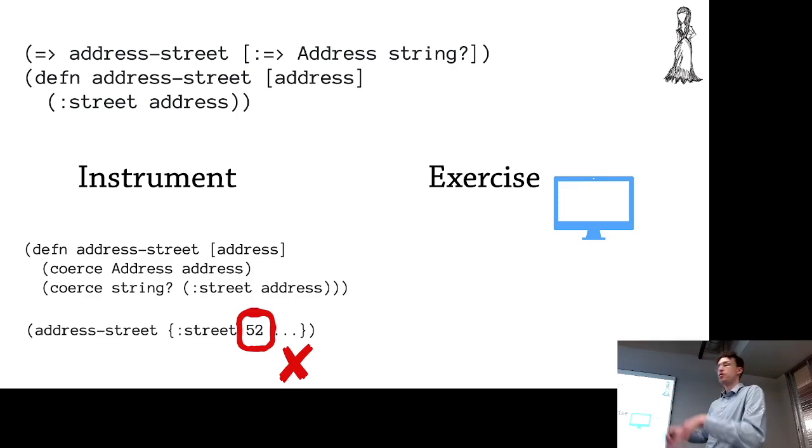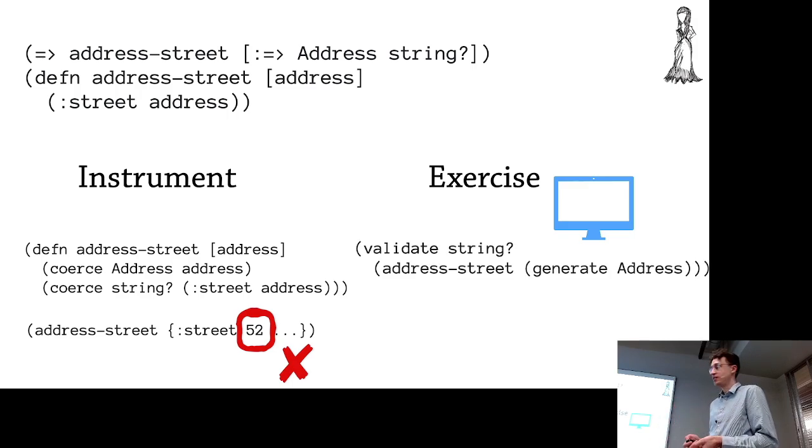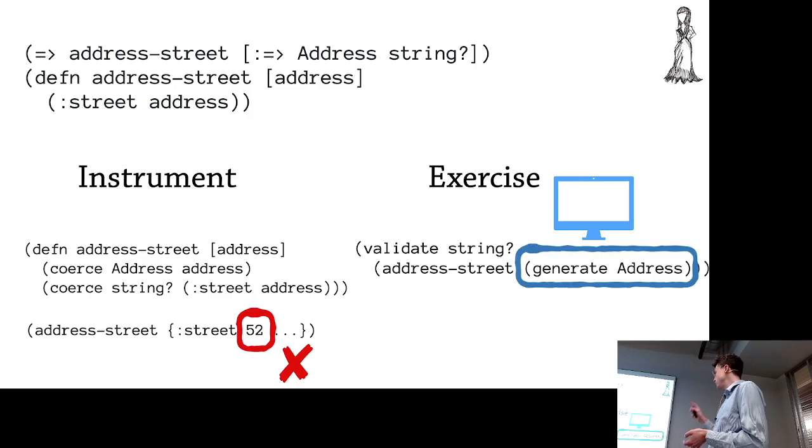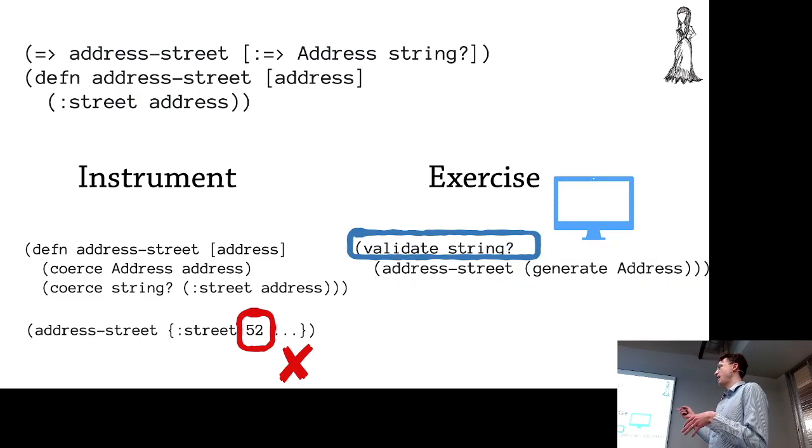What exercising a function does is you can use generate to generate an address. So you create, out of nothing really, just from the spec, an input for the function, then you call the function, and then you make sure that the output is the right shape.